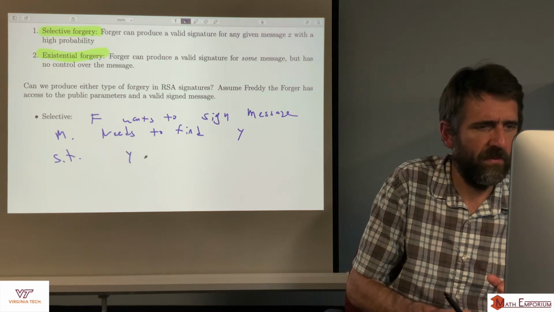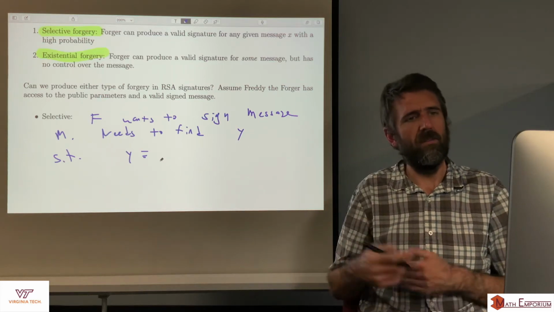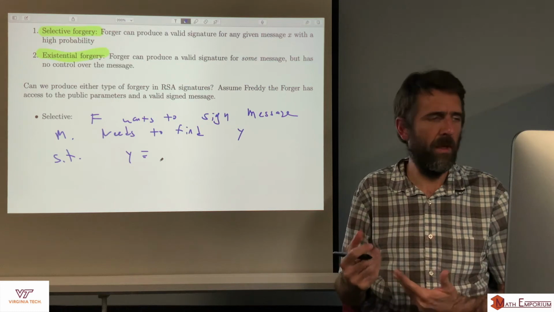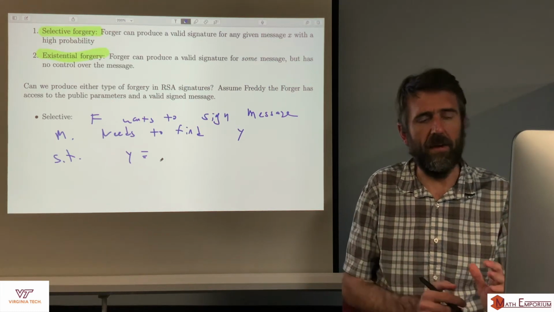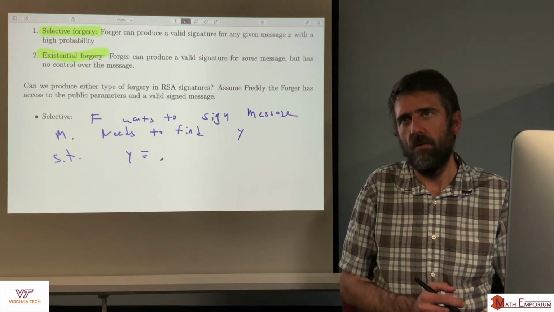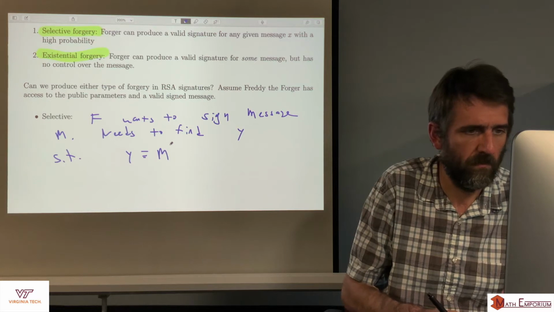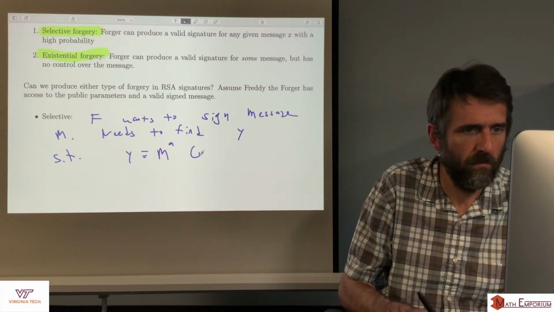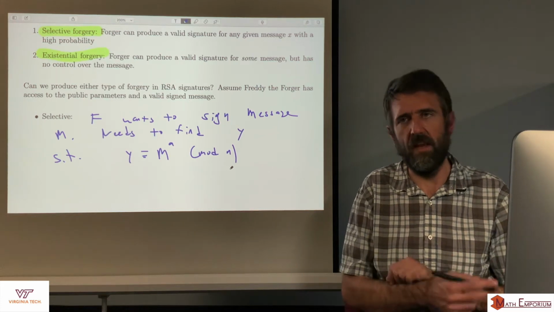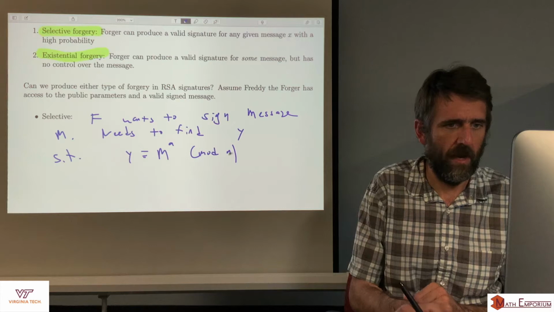such that, since verification and signing are inverse processes of each other, the only way this is going to work out is if y is actually produced according to the correct signature scheme, which is to say that y is congruent to m to the a mod n.